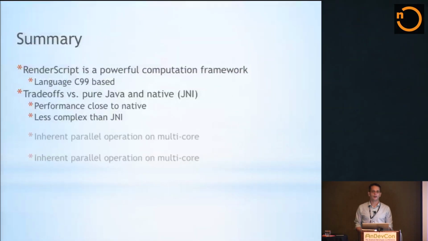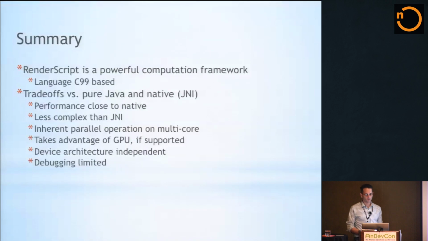Okay. So it's a powerful computational framework. It's C99 based, so it's probably going to look familiar to most folks here. Okay. You've got trade-offs versus pure Java and native JNI. Your performance is close to native. It's a little less complex in dealing with JNI, particularly if you're going to do parallel operations. You do have inherent parallel operations on a multi-core device, or even be able to feed to something like a GPU.